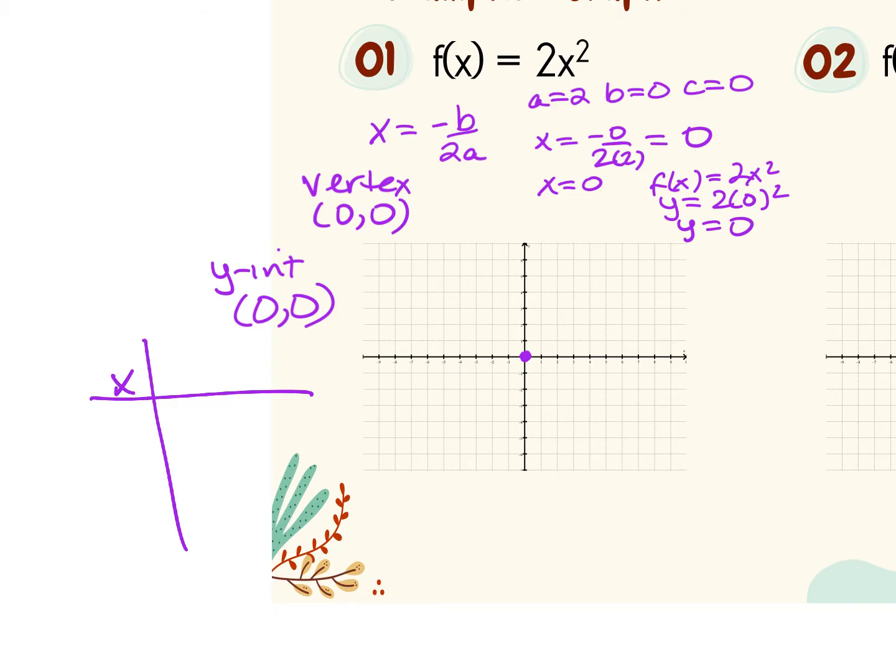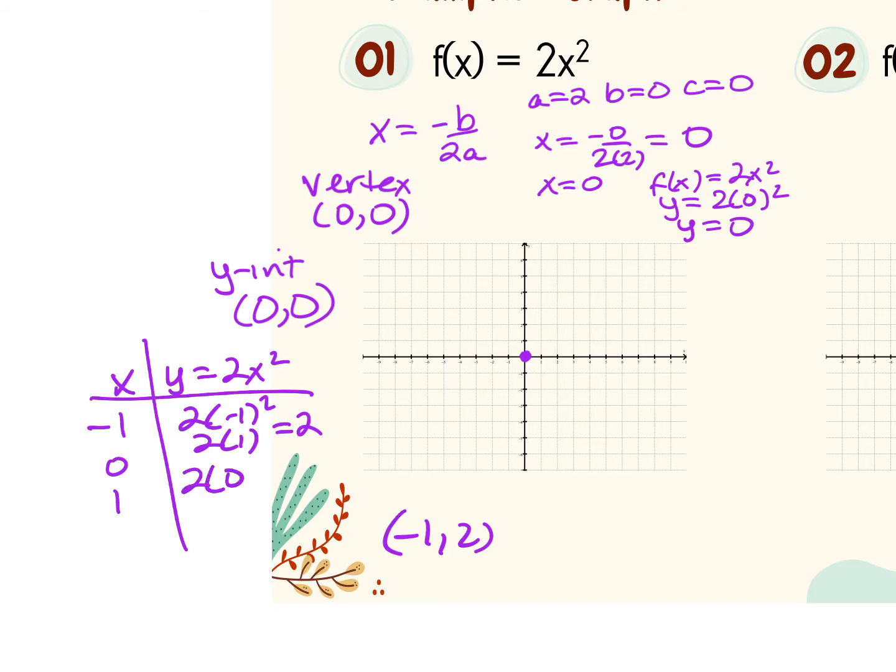So I'm going to plug in negative 1, 0, and 1, just like I did before when we did those parent graphs. Here is your equation: 2 times negative 1 squared, 2 times 1. So I can graph the ordered pair negative 1, positive 2. Going to do the same thing here. This gives me 0, which I already did, 0, 0.